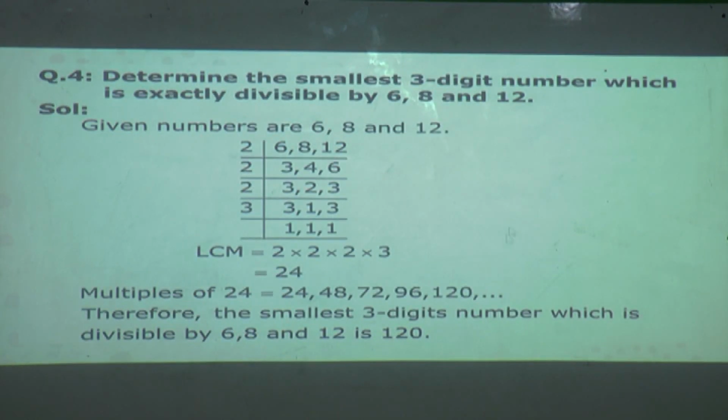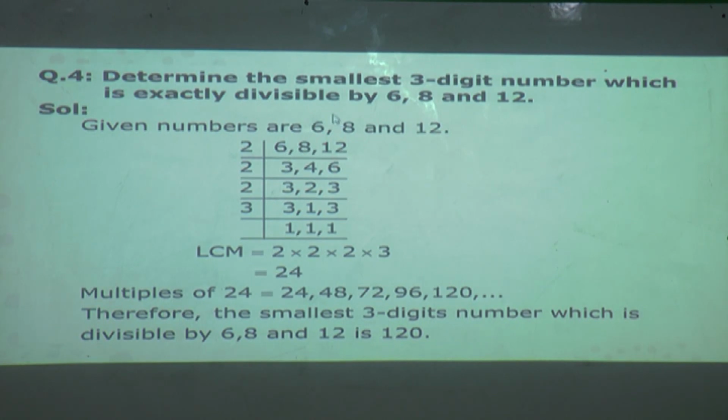Determine the smallest 3-digit number which is exactly divisible by 6, 8 and 12. We have to find the smallest 3-digit number which is exactly divisible by 6, 8 and 12. So let us take 6, 8 and 12.